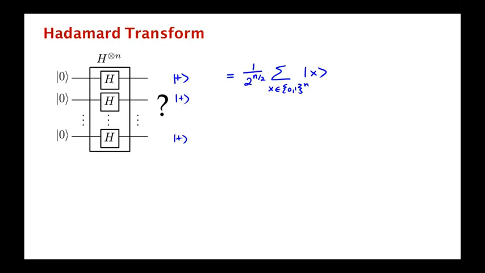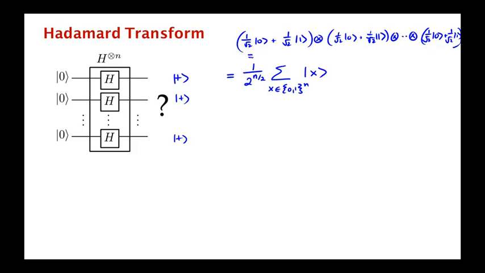Right? Because we'll get a 1 over square root 2. How did we get this? Well, this is 1 over square root 2 times 0, plus 1 over square root 2 times 1, tensored with itself n times.